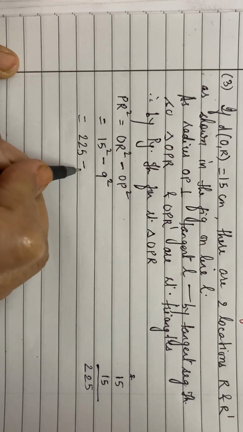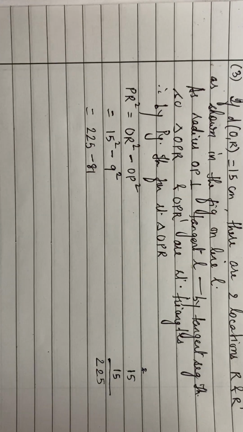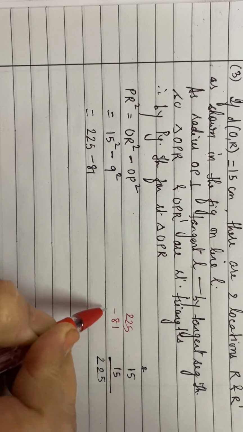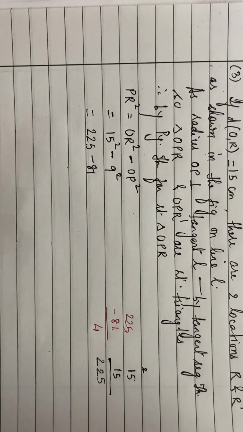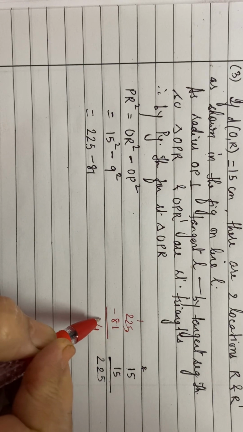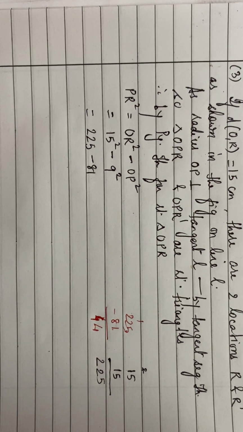What is the square of 9? 81. Now 225 minus 81 is how much? 225 minus 81 will be 5 minus 1 is 4. 12 minus 8. Okay, that is 4.